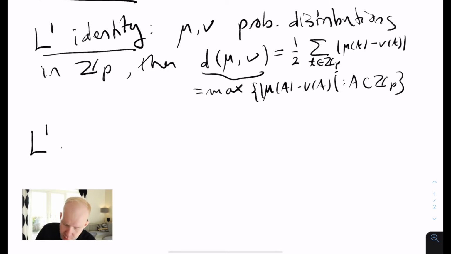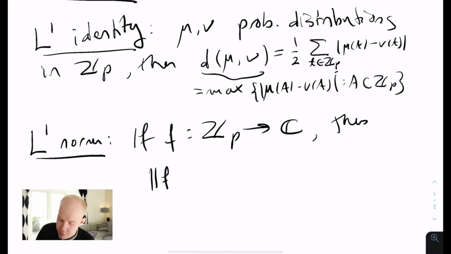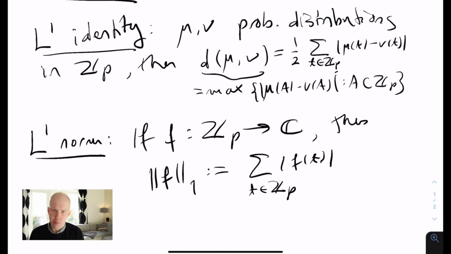Remember that we can define the L1 norm: if f is a function to the complex plane, then the L1 norm of f is the sum over the group of the modulus of f(t).